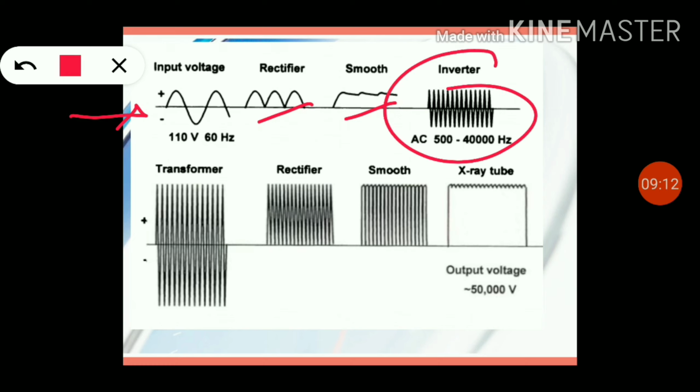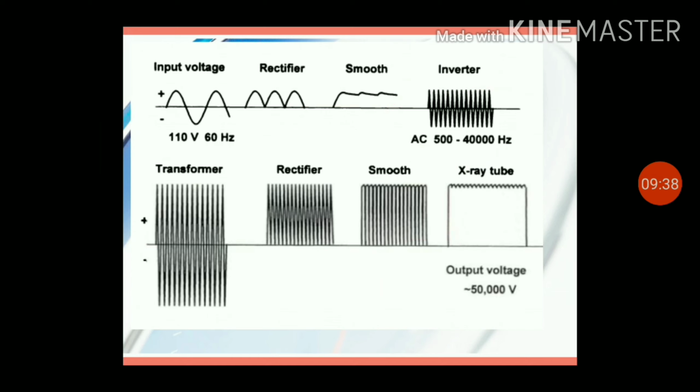An inverter circuit chops the DC into a high frequency AC square wave. That then inputs into a high voltage transformer to produce a high voltage, high frequency AC waveform. Then again rectification and smoothing produce the potential difference across the X-ray tube.